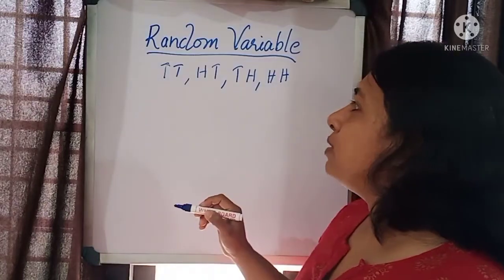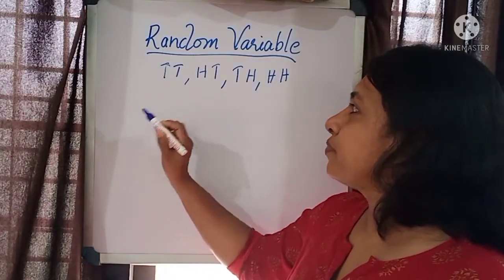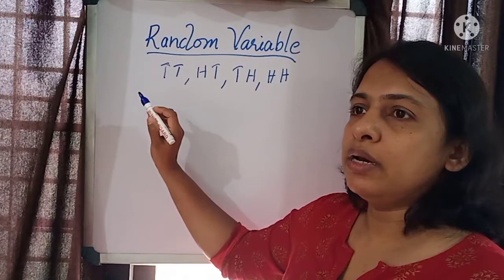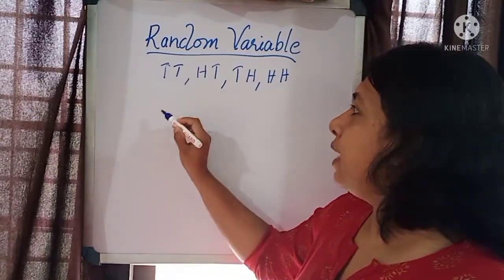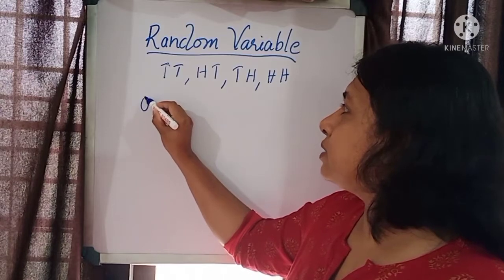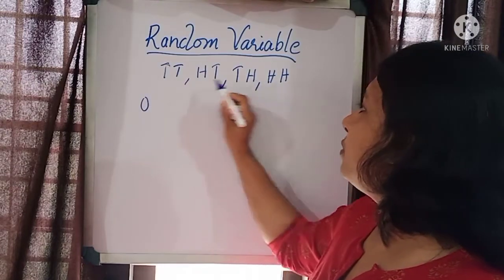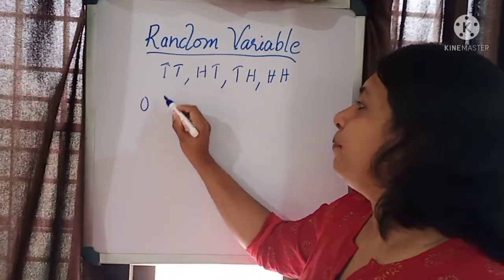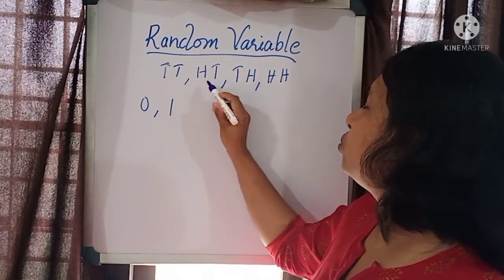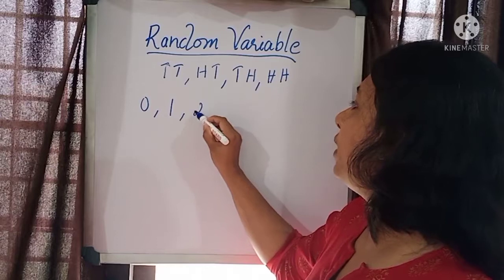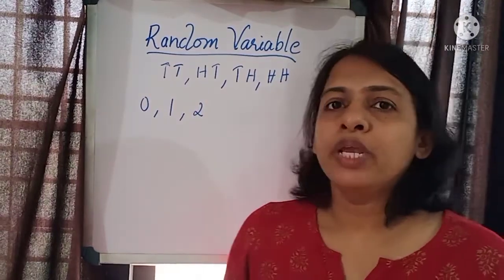Therefore, suppose the variable represents the number of heads. In that case, zero heads means one result is there. One head, there are two results, and two heads, one result.